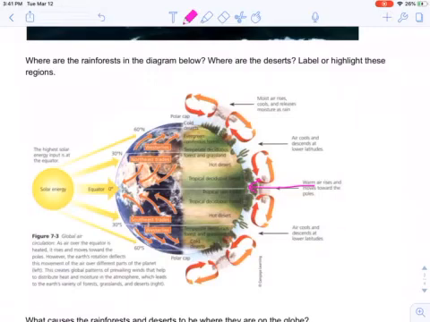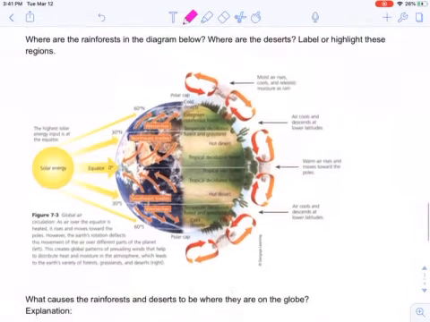So this is where it's going to be the hottest. I asked you to label the rainforest. So we have here rainforest, and up here we have deserts, and down here we have desert. So here it's going to be warm because of all the sunlight.